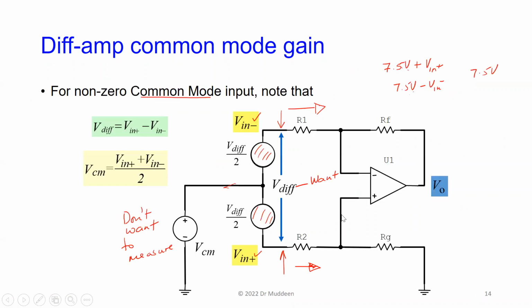If you want to put the polarities in, just to make it easier, Vin positive is more positive than Vin negative, of course. So Vin positive is V common mode plus Vdiff over 2, and Vin negative is V common mode minus Vdiff over 2. Are we all right with that?